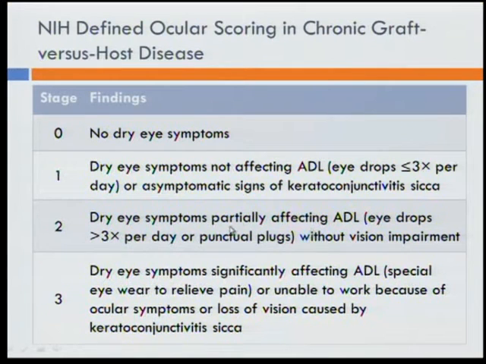Stage 2 is dry eye symptoms partially affecting daily life. That means artificial tears more than 3 times a day without a change in visual acuity. And then finally, stage 3, dry eye symptoms significantly affecting the quality of life, patients requiring special eyewear to relieve dry eye pain, or unable to work because of pain or decreased visual acuity.